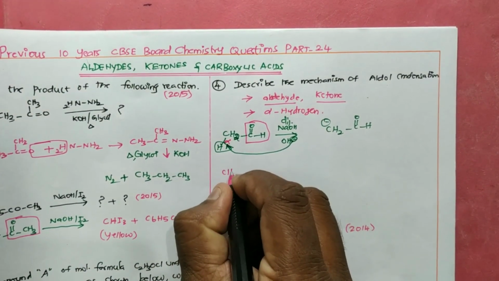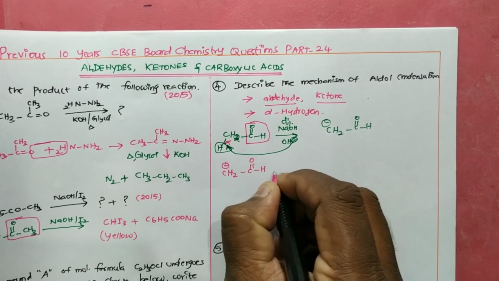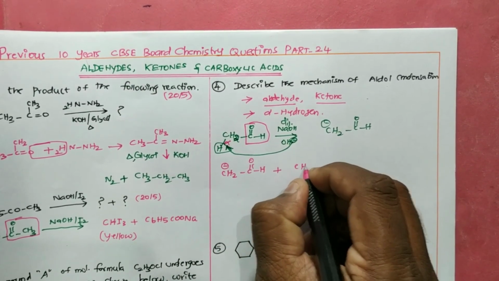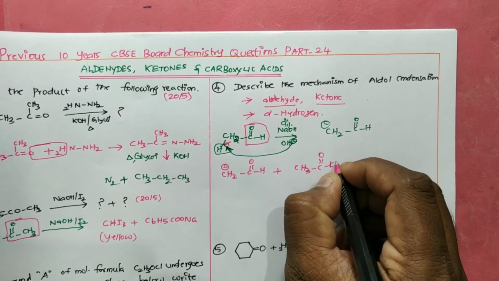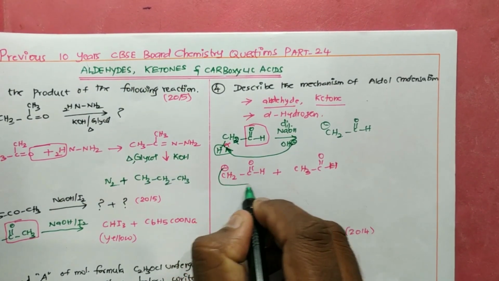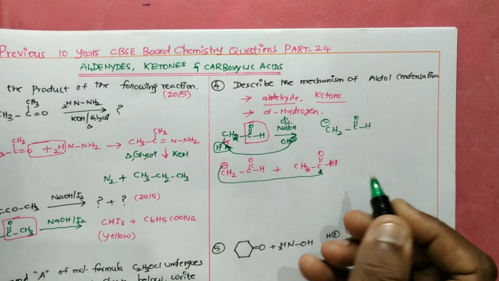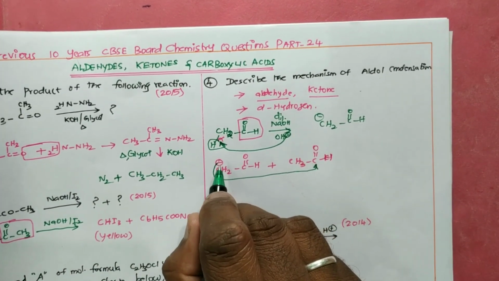Now my nucleophile, that is CH2 minus C double bond O, is going to attack my second molecule, CH3 C double bond O. Are you able to understand, students? Now this attacks the carbon only. Why does it attack carbon only? It is not a base, it is a nucleophile.